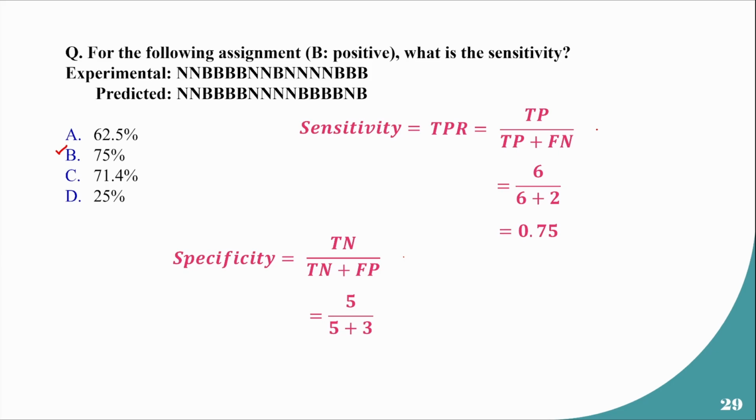So if we just take a look at the answer here, it should give you around 0.625, 0.63, right? So firstly, what will true negative indicate? That means these are actually negative. So in the experimental set of data, we'll see it marked as N, right? And they are correctly being identified as N in the prediction by the model, right?